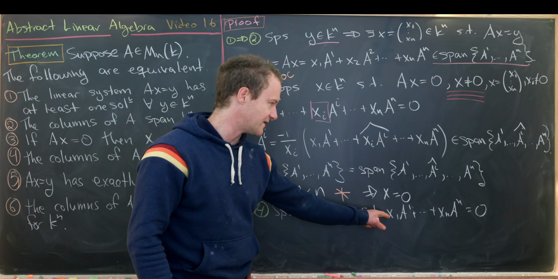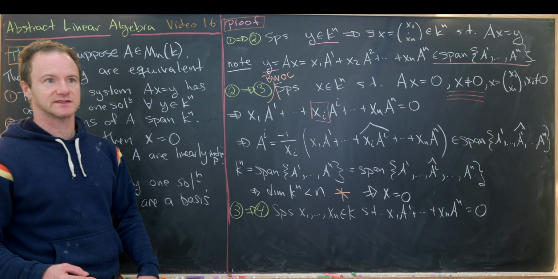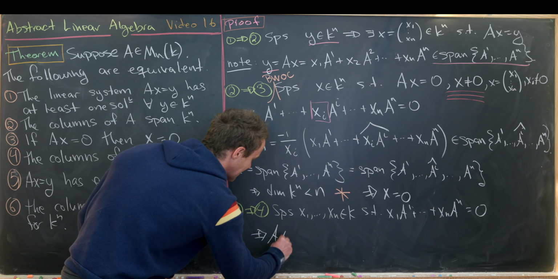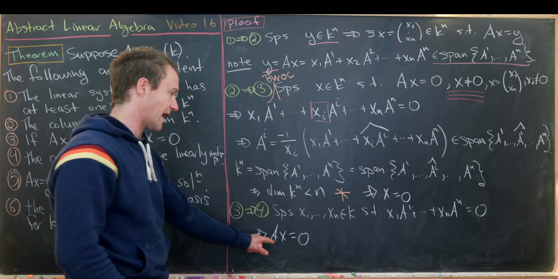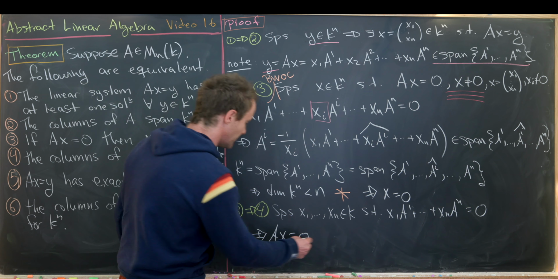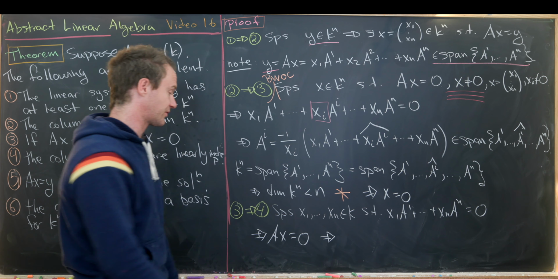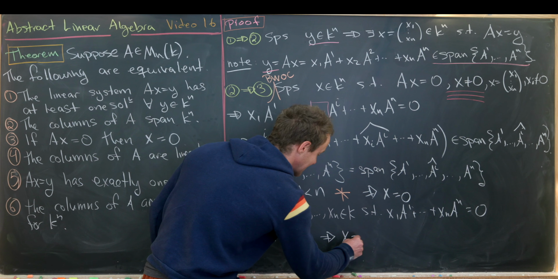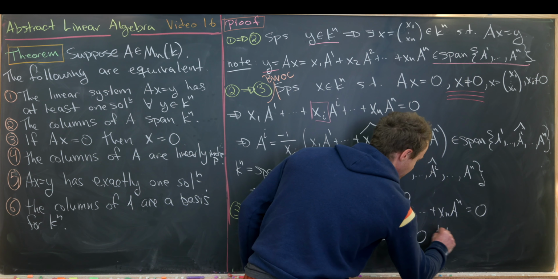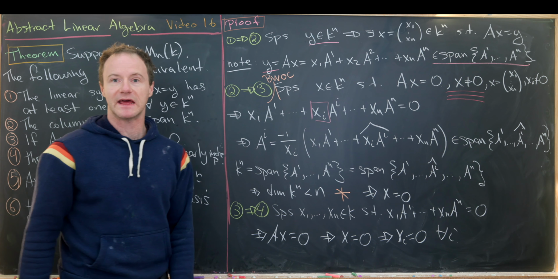But we can rewrite this sum of vectors as a matrix vector equation. That means that A times x is equal to 0, where x is just the vector built out of all of these x's. But then by our assumption, which is number 3, we know that x is the 0 vector, which means that xi equals 0 for all i between 1 and n.